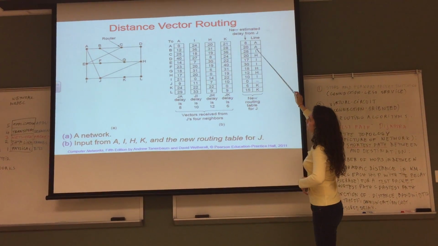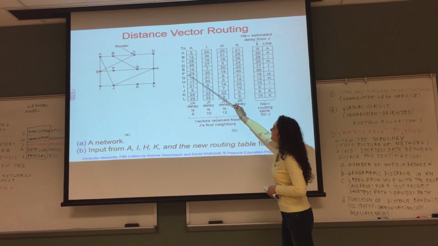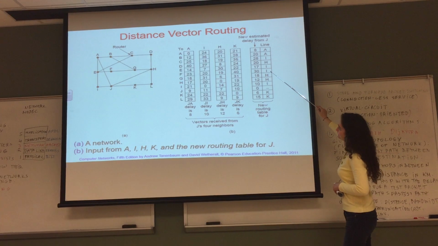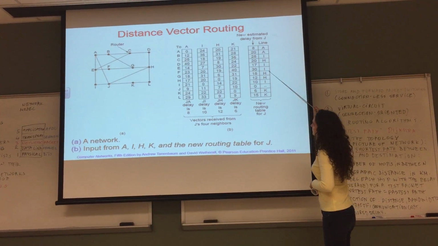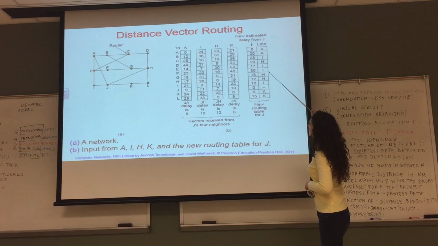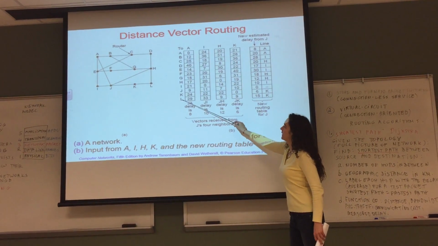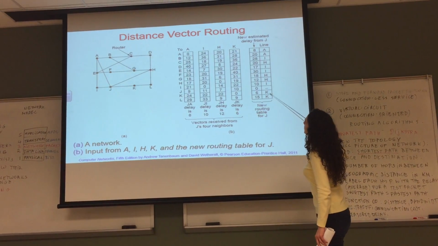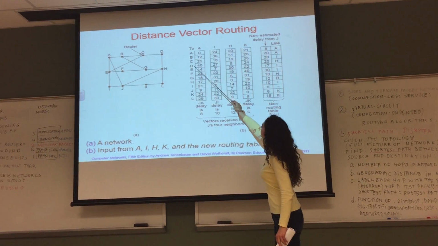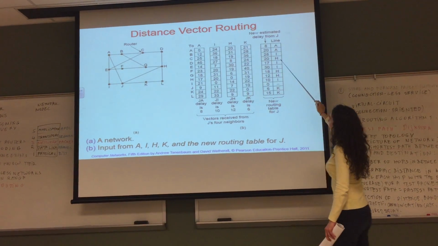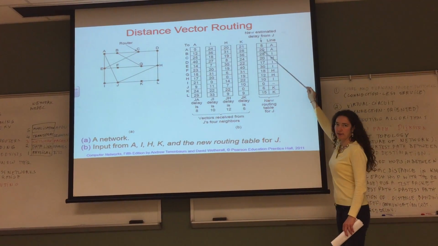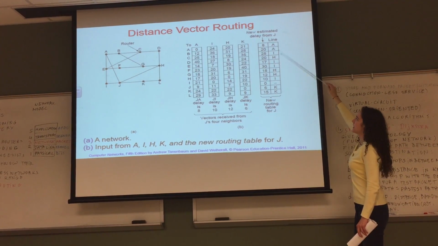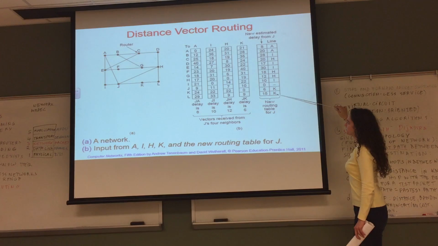So if the packet is going to F, then it uses the line listed, along with the delay it will take to get to these routers.